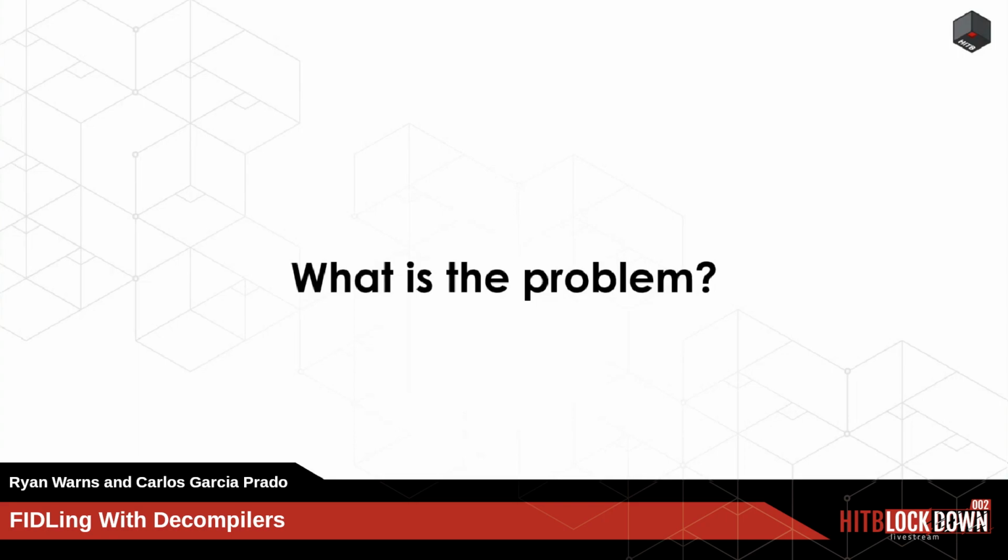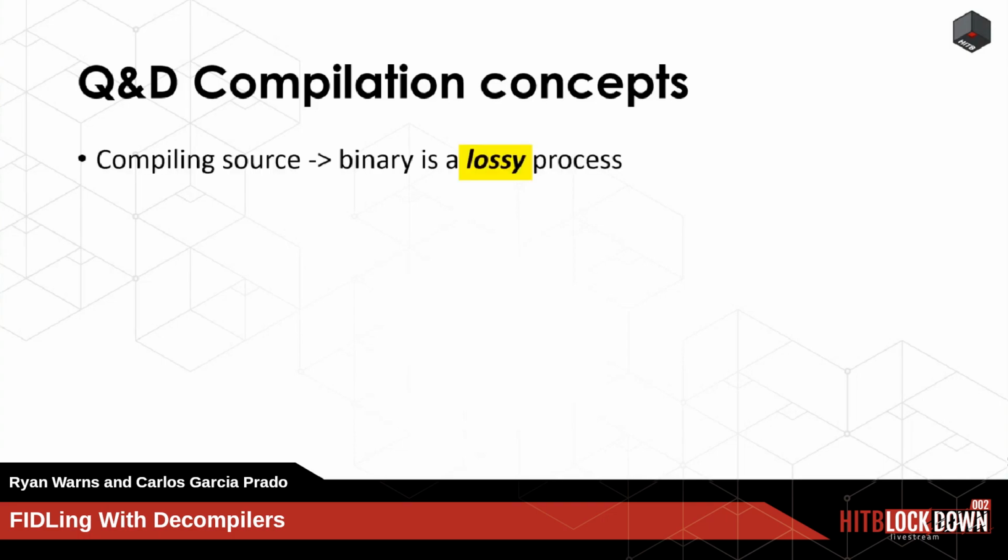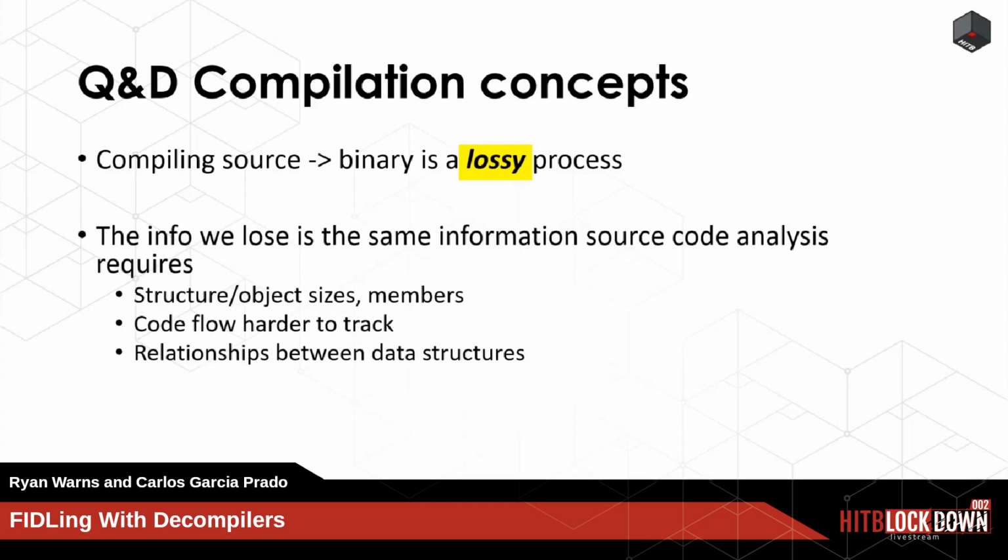So fundamentally, we lose all this information that we would be relying on because compilation is a lossy process. And really what I mean by that is that when a developer builds source code or pushes it through a compiler or some kind of build framework, the compiler is only beholden to make sure that the thing that runs in the final binary is what we intended to write as an author.